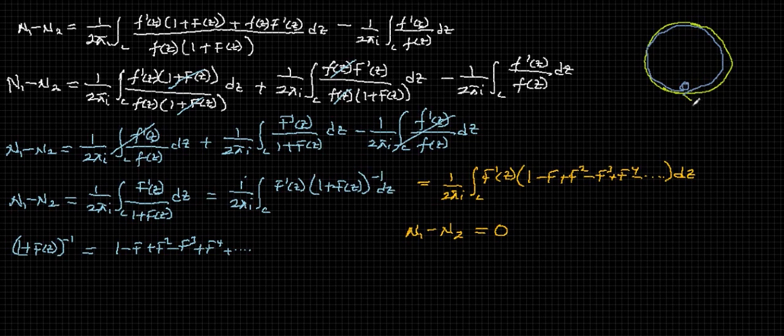So by the time you integrate each part, coming back to the same point is going to give you 0. So the whole of this turns to 0. And this is our proof for Rouche's theorem.